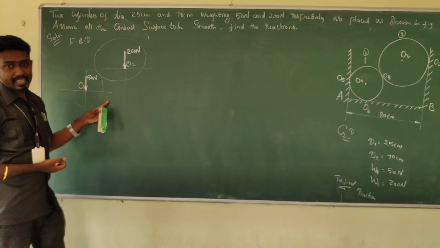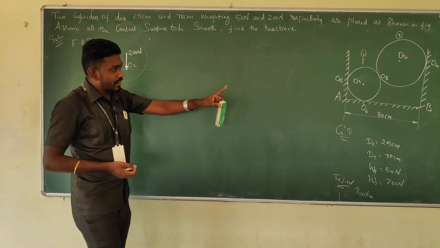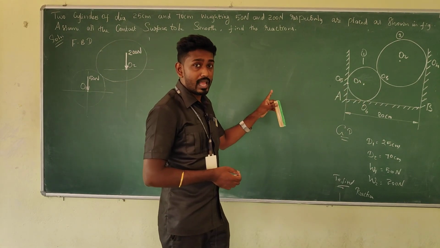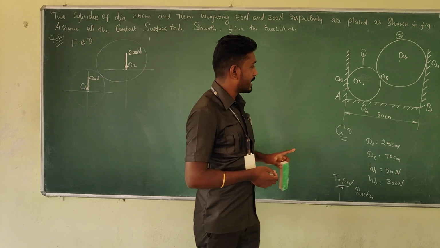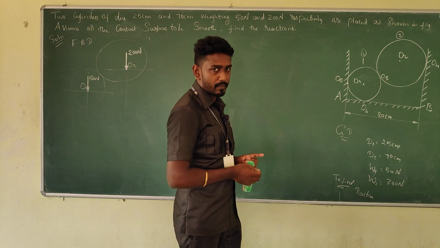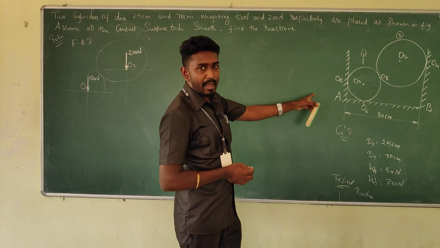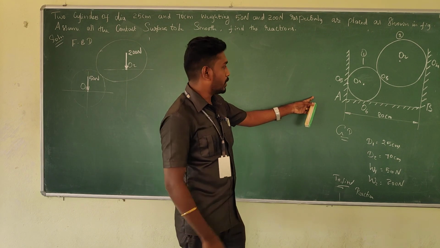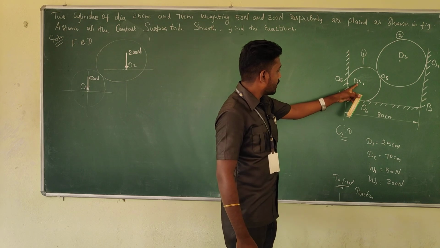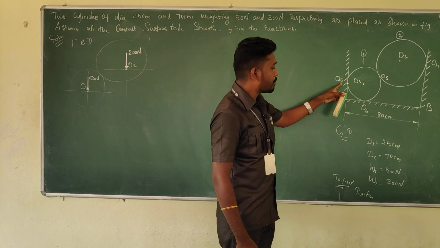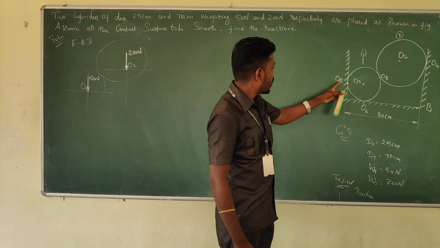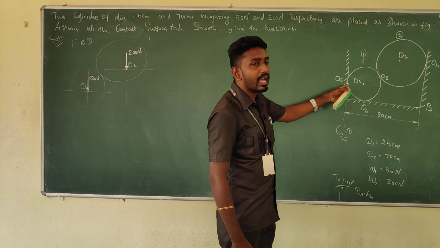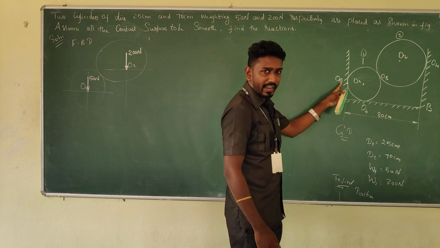Then come to the reactions. Try to identify in this arrangement at which places the reaction forces are possible. We know a reaction happens when the body is in contact with the surroundings. So in cylinder 1, at the point of contact O5, there will be a reaction because it has contact.